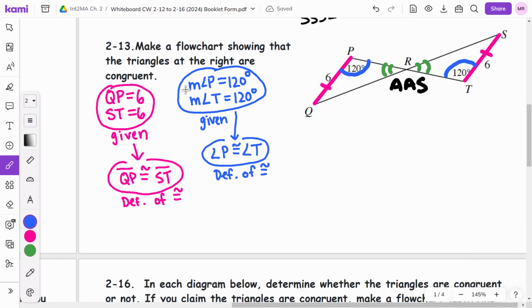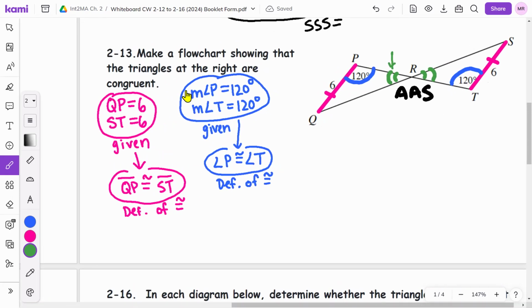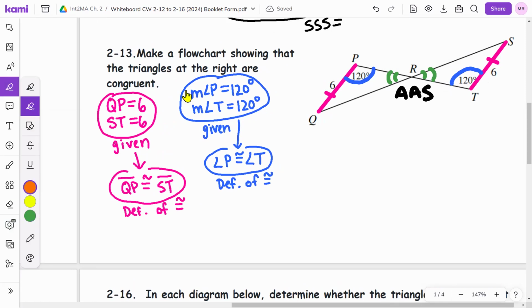Now that green angle right here and here, I cannot call that angle R. Okay, so there and there. I cannot call that angle R. Let me just get rid of the arrows. There's too much going on here. So I'm just going to highlight it and then undo it.